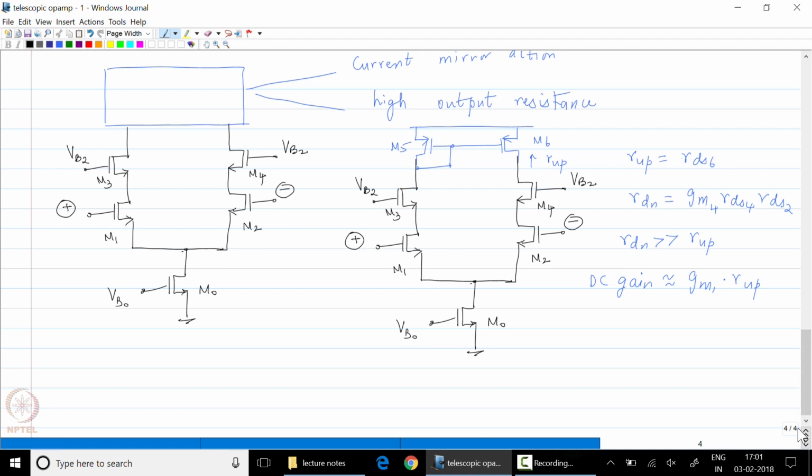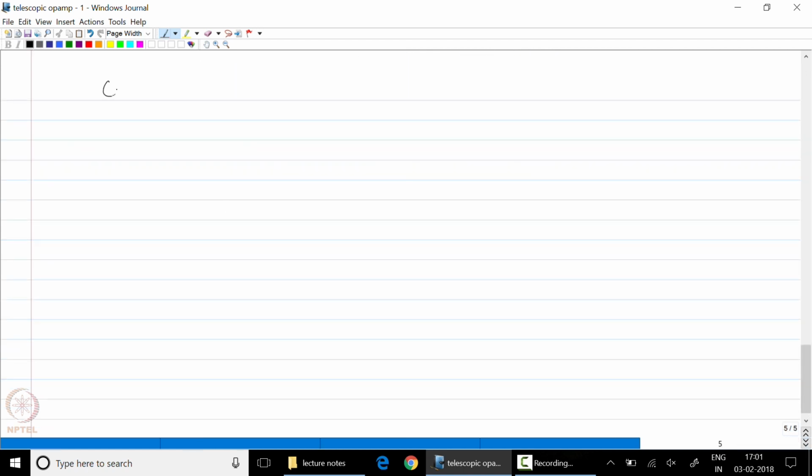So now let us look at the other circuit that we have seen before, which is a cascode current mirror. I start with a simple current mirror. This has an output resistance of RDS. And now I need to add a cascode device to improve the output resistance of the current mirror even further.